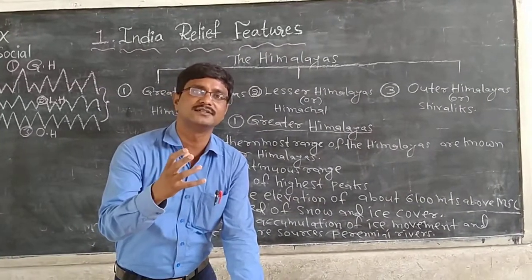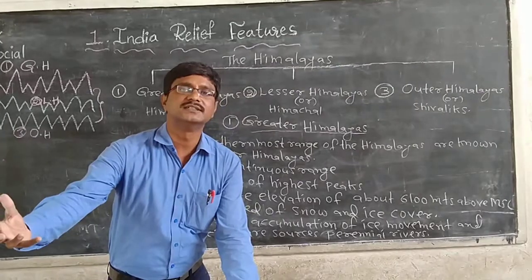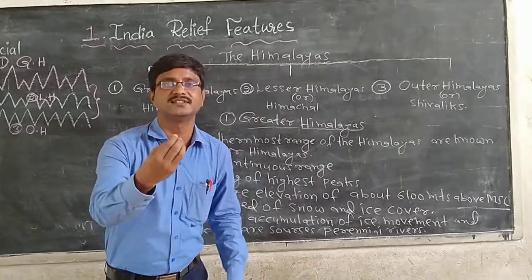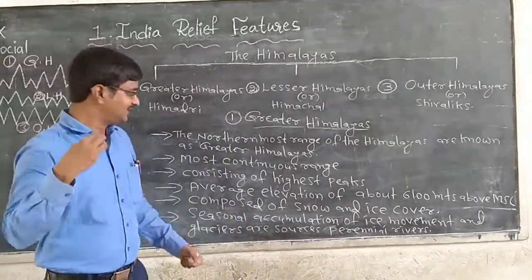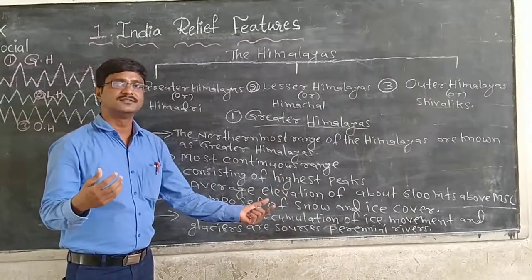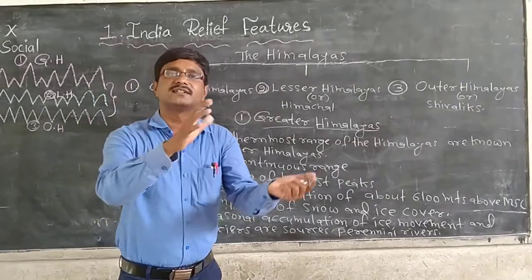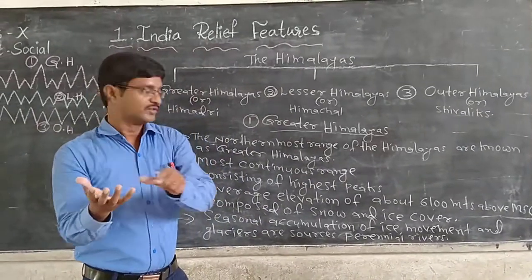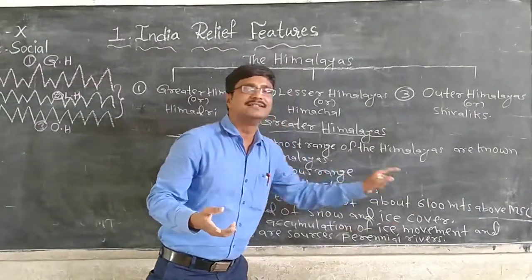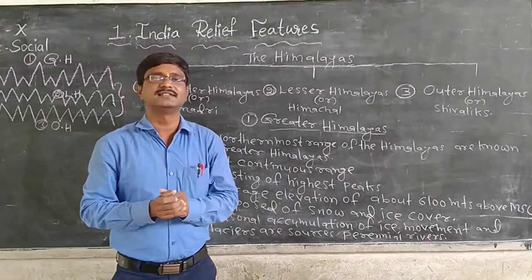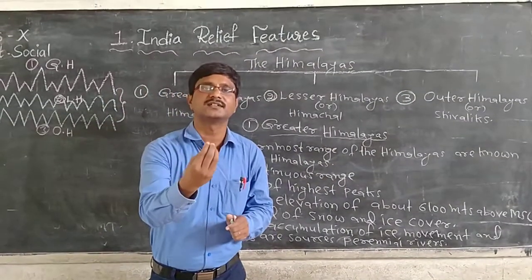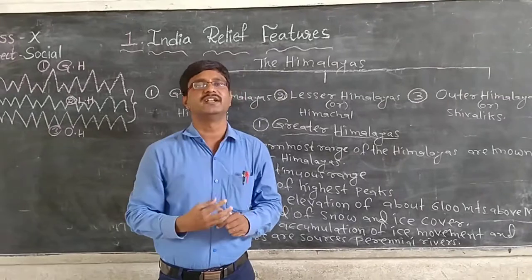The ice caps will be turned into glaciers. When there is heavy temperature, the glaciers will melt. So the movement and melting of the glaciers are the source of the perennial rivers.